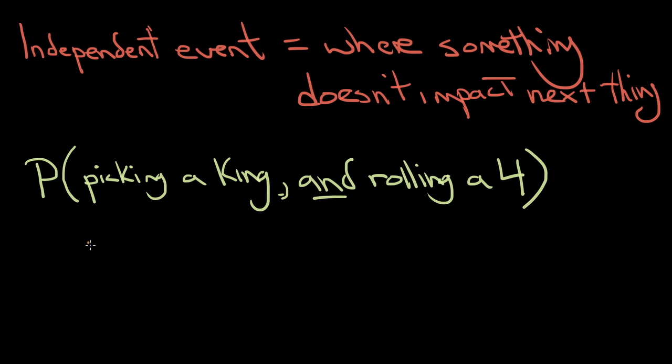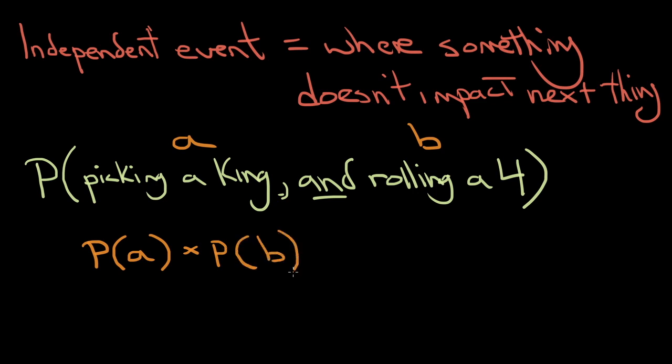What you end up doing is you find the probability of the first thing, I'm going to call this A, and I'm going to call rolling the dice B, and you multiply it by the probability of the second thing. So you're just going to multiply them. This is also known as the counting principle, and you're going to see that. There are different ways to do this, and some different things you might hear about this are the counting principle.